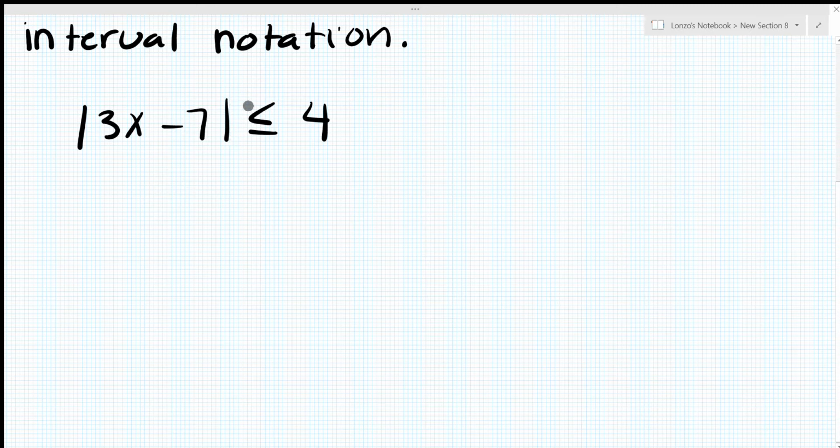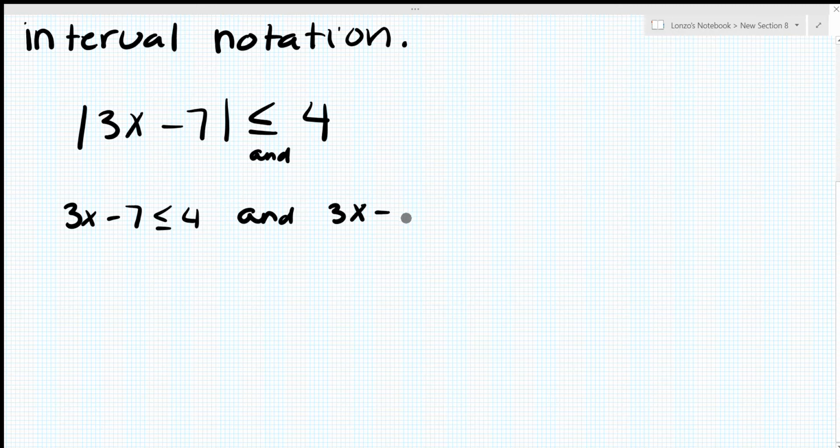So we know this is a less than, so what does that mean? It is definitely an and problem, so it's going to connect. So let's set up our two equations. So we have 3x minus 7 less than or equal to 4, and 3x minus 7, you change the sign, which is greater than or equal to, and then you add a negative.